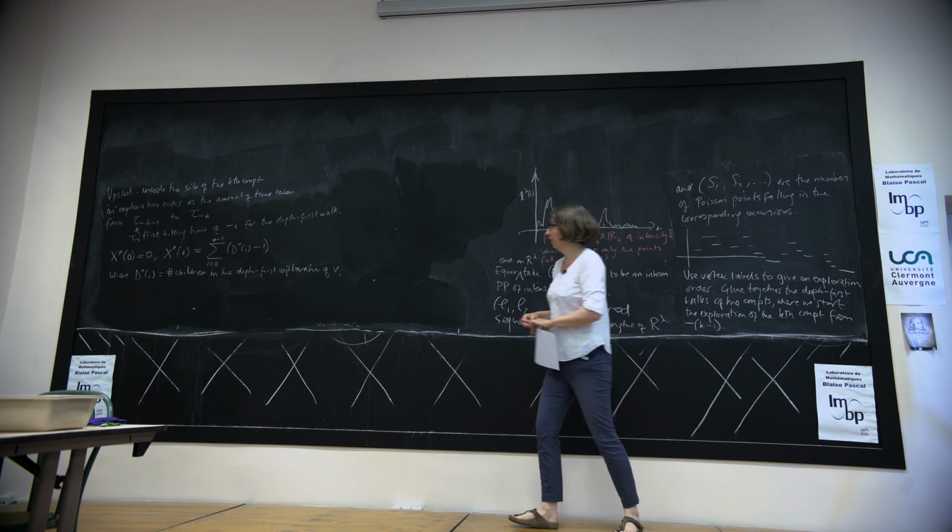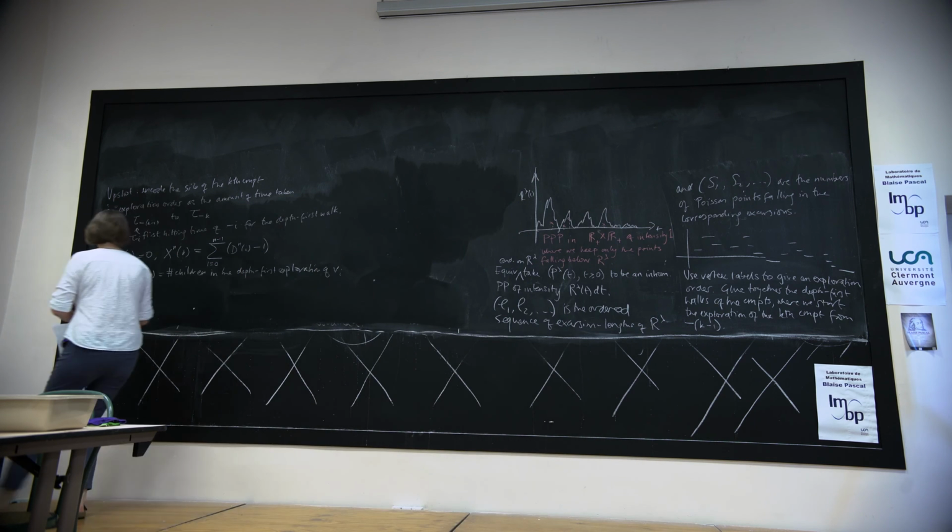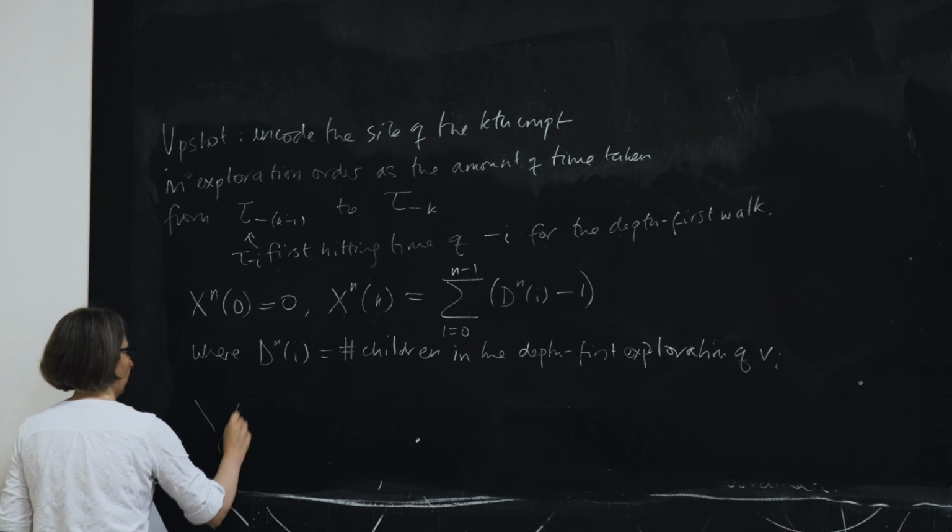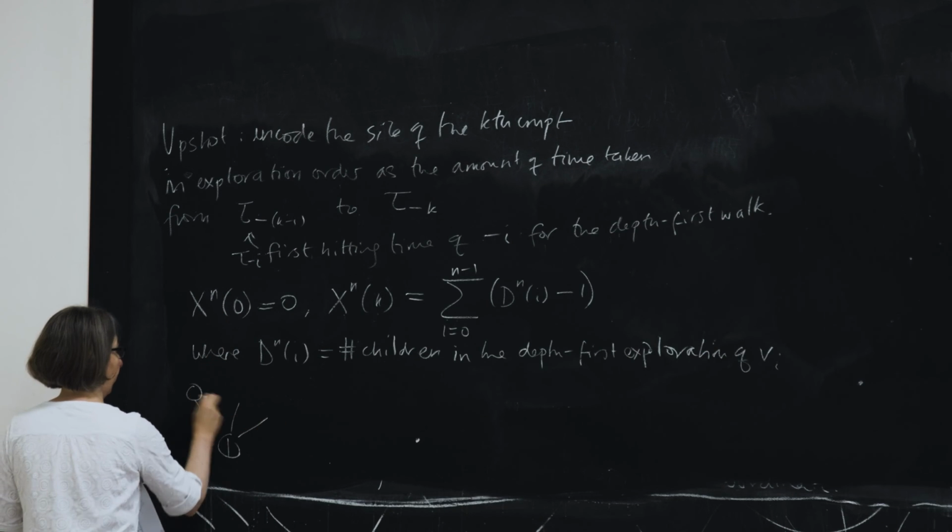Okay, so I'm starting from the vertex labelled 1. Okay, so I ask how many children does it have?